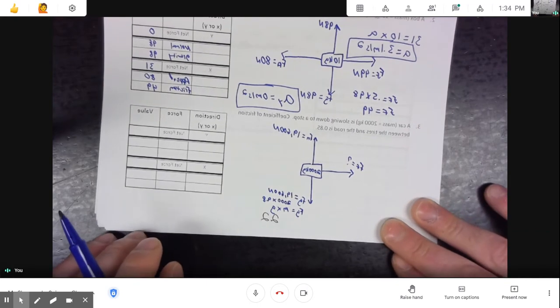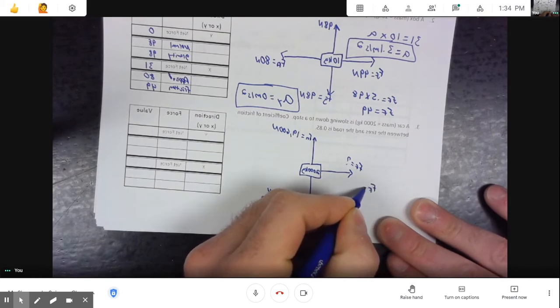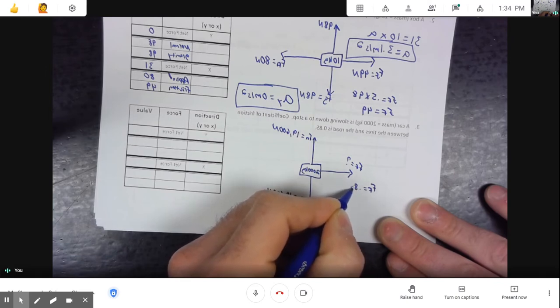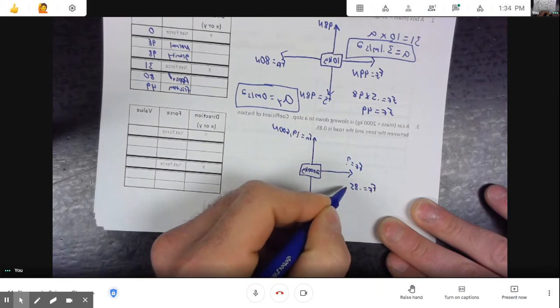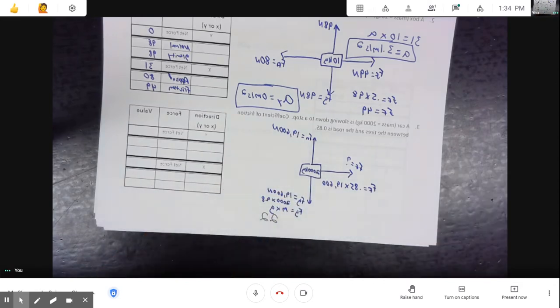So the friction force, the force of friction, equals our friction coefficient, which is 0.85, times the normal force, which is 19,600.